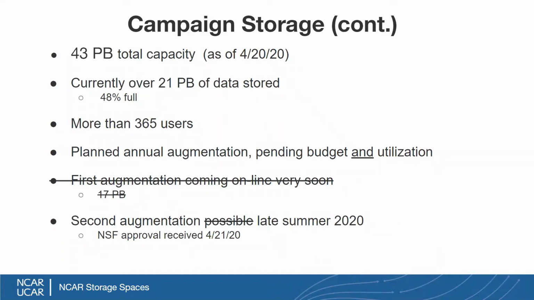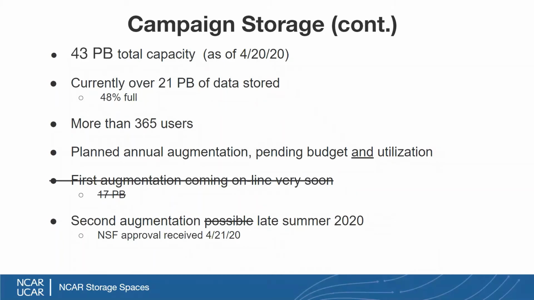The reason this next line on the first augmentation is scratched out was that up until yesterday, we didn't know exactly when the new augmentation was going to become available. But the storage administrators worked very hard to get this online very quickly, and it's now part of the system.